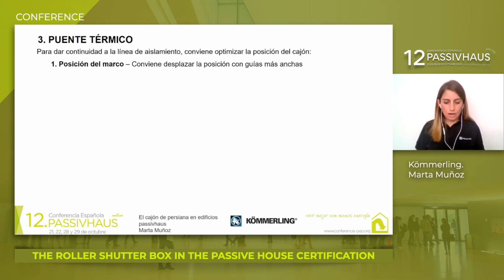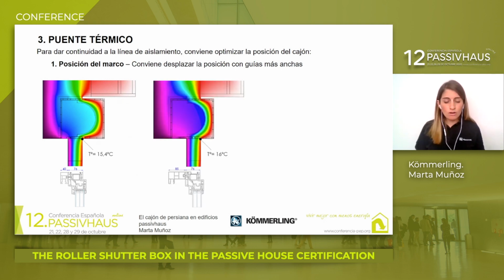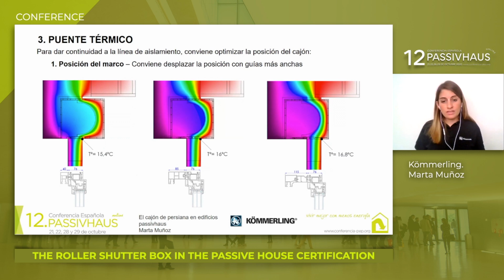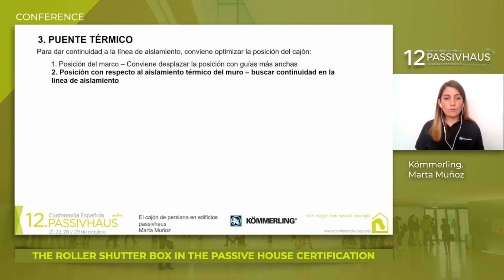When we talk about the thermal bridge, we also have to take into account two positions of the shutter box. One, with respect to the frame, it's important to displace it with larger roller guides. We have a case with 40, but there are cold parts on the frame. With an 85, it's displaced a little bit more. And with a 115 guide, we can see that it improves much more, and the thermal bridge is smaller.